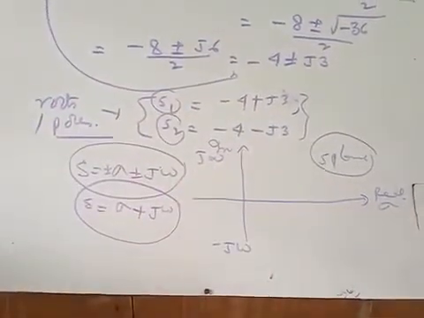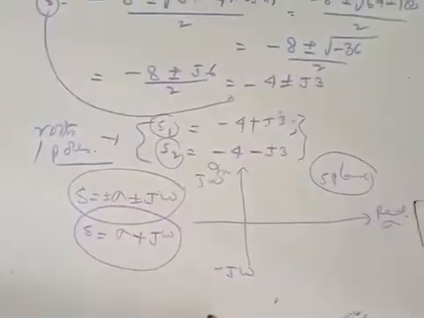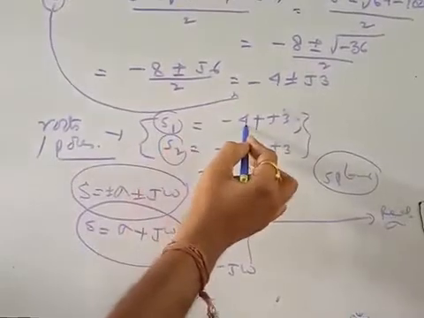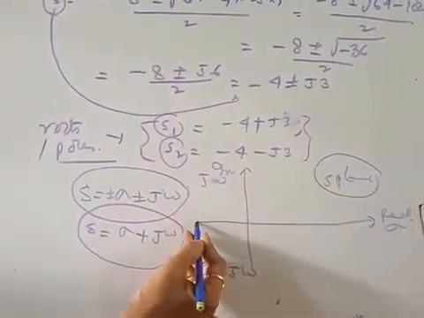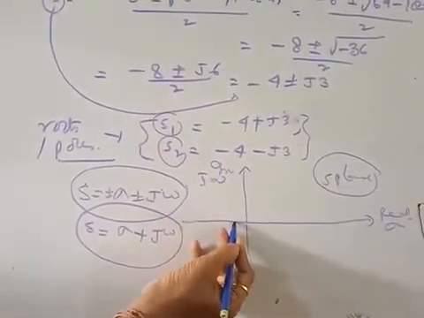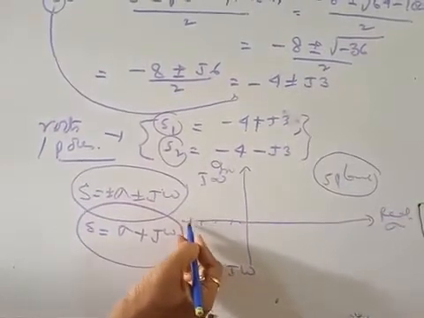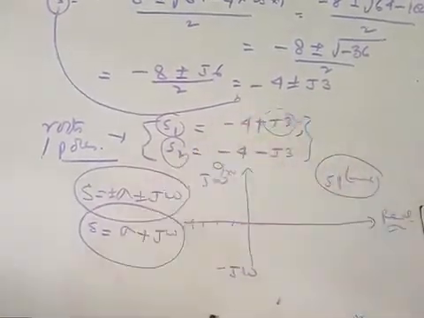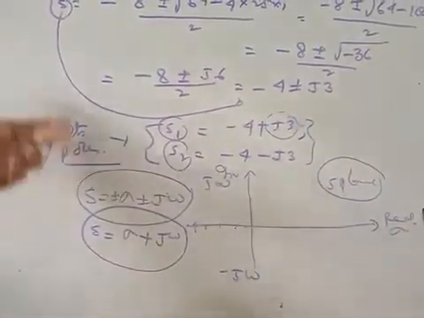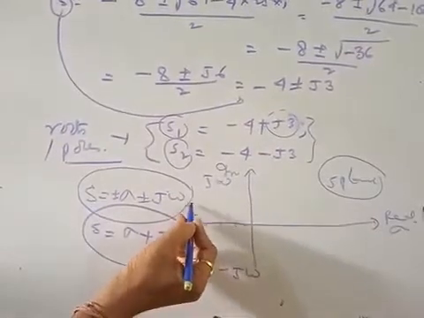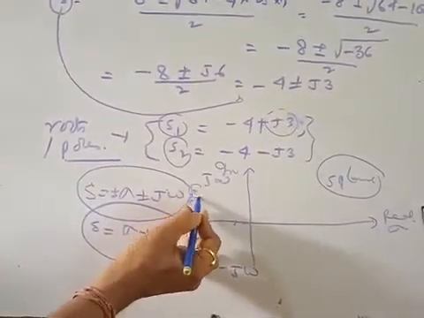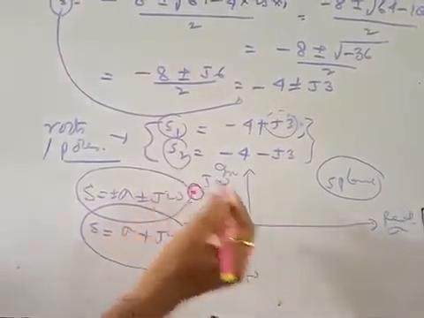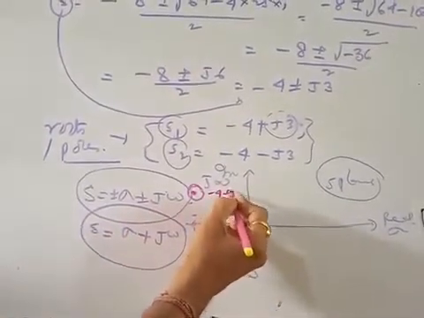Now, as in the normal xy coordinate system, see, this is s1, minus 4 plus j3. You move minus 1, minus 2, minus 3, minus 4 like this, and then you move by 3 values along the j axis, so 1 2 3. So this is your location for minus 4 plus j3.